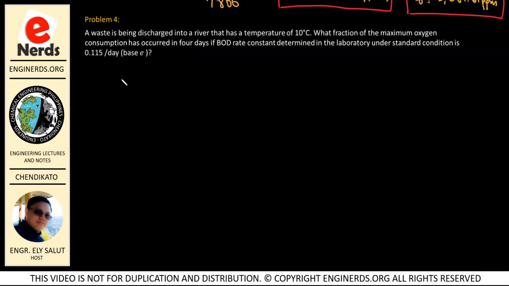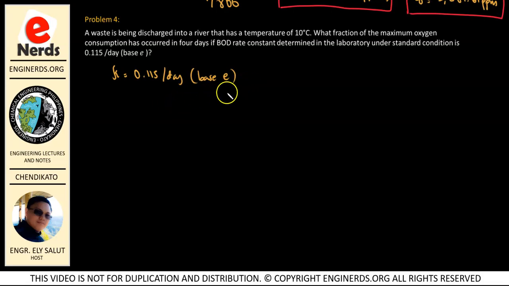So that means this is the value of our K, yung small letter K natin, because this will be in base E. Our K is 0.115 per day. So ang kailangan nating makuha dito is yung fraction of the maximum oxygen consumption that occur in 4 days.